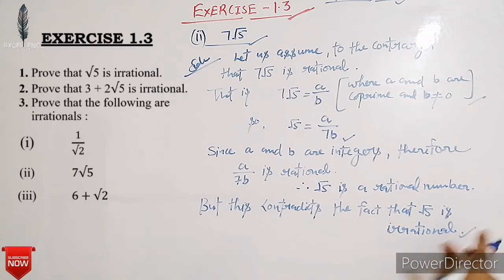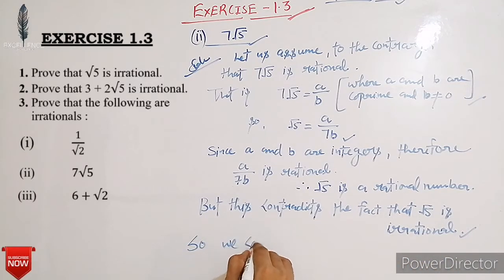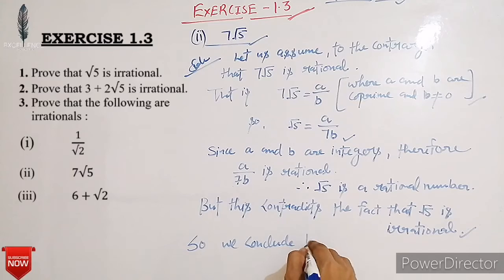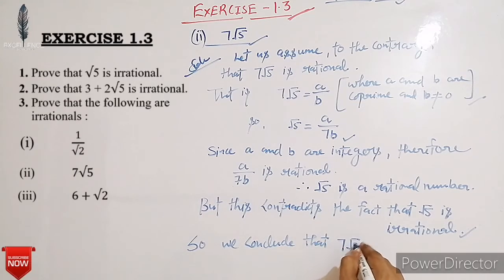Okay, so here we conclude that 7√5 is an irrational number. Okay students, clear?